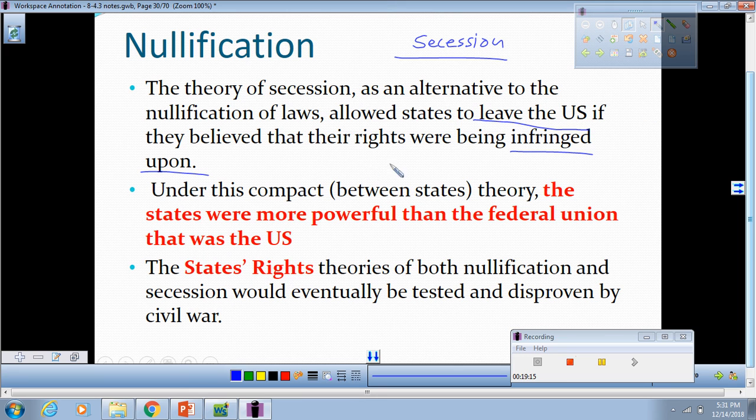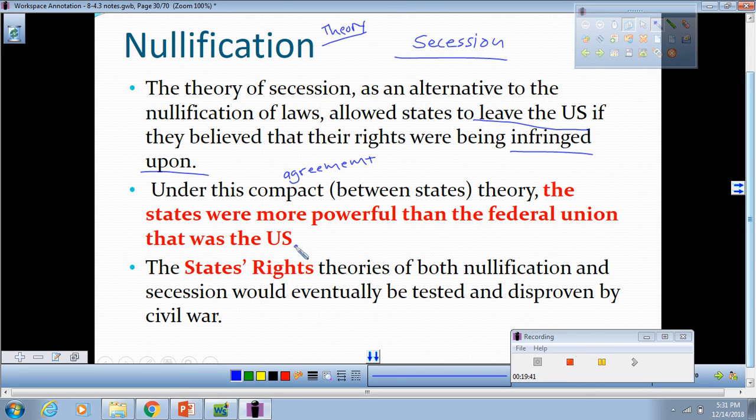Now, under this idea, a compact or agreement exists between the states. And under this theory of nullification, which is incorrect, by the way, the states were more powerful than the federal union.